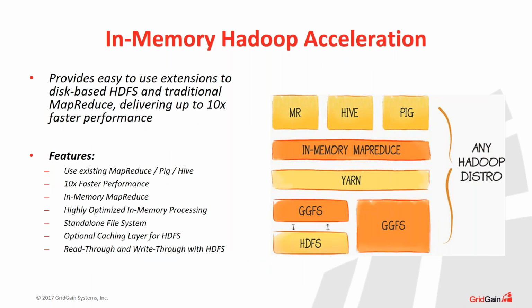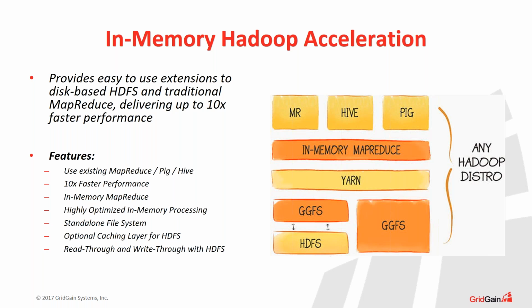Okay, and I'm on my last slide, everyone. This is the in-memory Hadoop acceleration. Part of the big data world is having an awful lot of data, and a lot of people use Hadoop and Spark for big data.